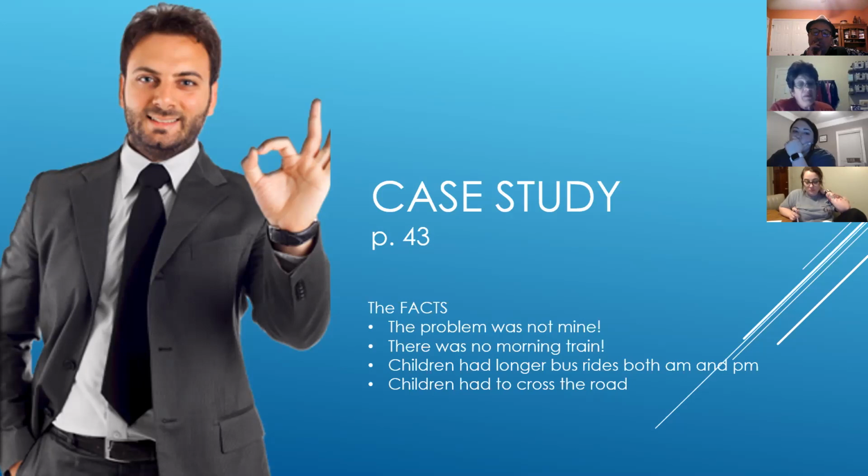Lastly, and maybe even most importantly, the children had to cross the road. You see, that bus route was designed with the children's safety in mind. The superintendent messed up here because the problem was not his to make in the first place. He should have listened to the bus driver and kindly, gently moved him to the transportation supervisor.